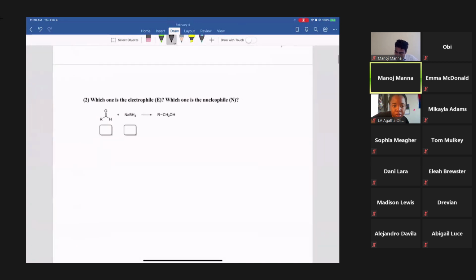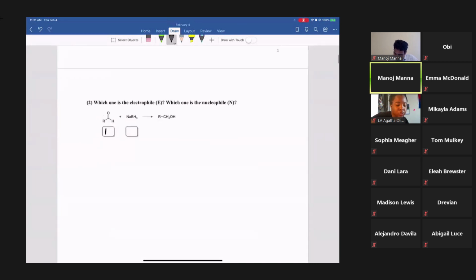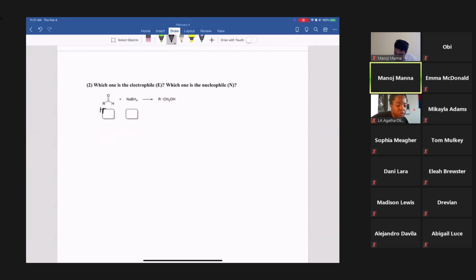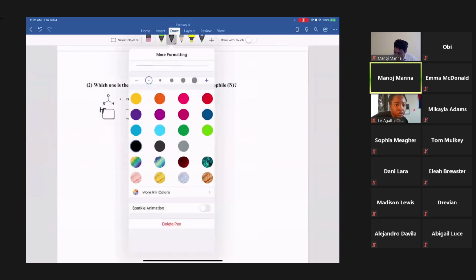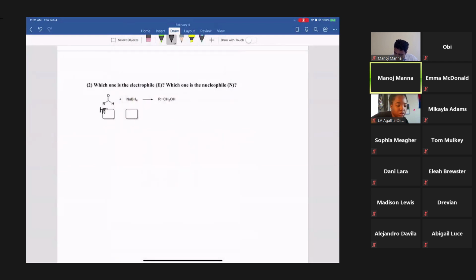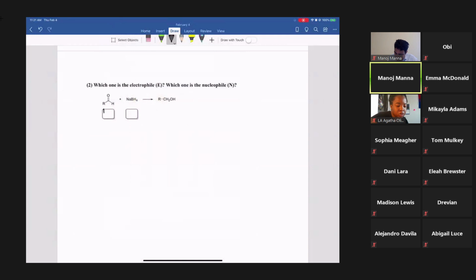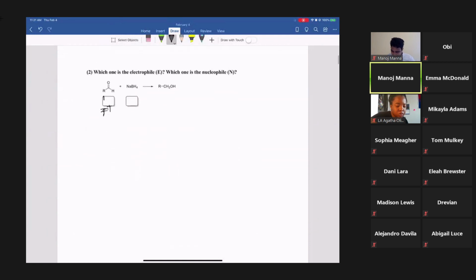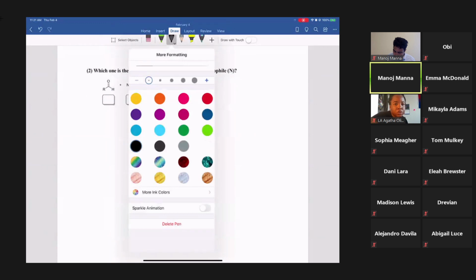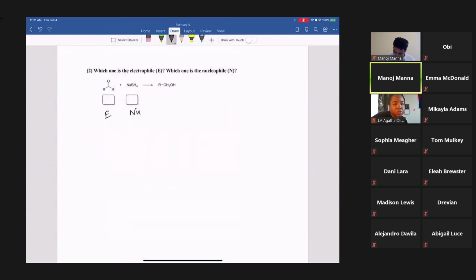So that means this will act as an electrophile, and this will act as a nucleophile.